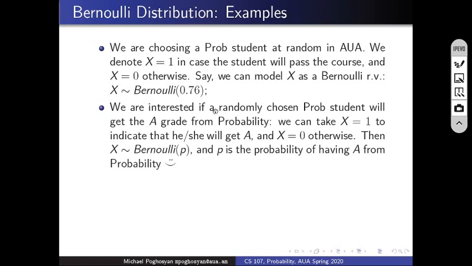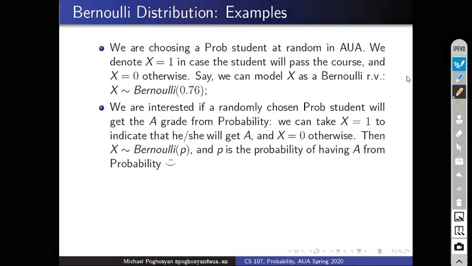We are interested if a randomly chosen probability student will get the grade A. Again, the same experiment, but now I'm interested in another random variable. So x is 1 if that student will get A, otherwise it is 0. Then x is Bernoulli p. Hopefully this p is large, so the probability of getting A is large in our course.